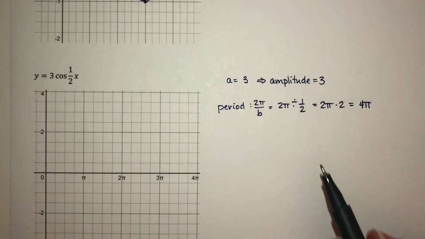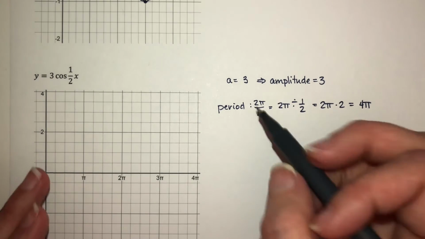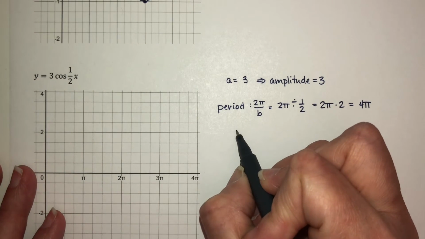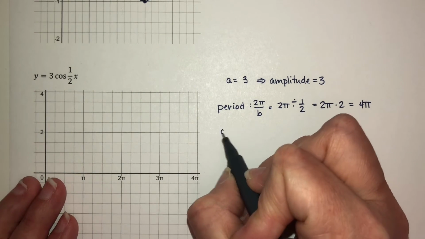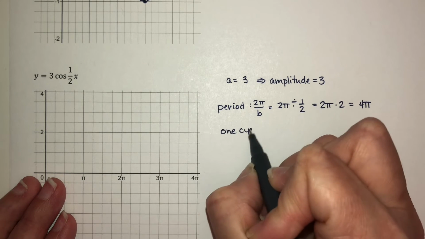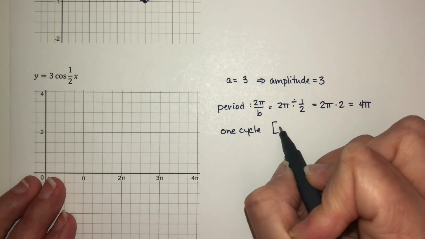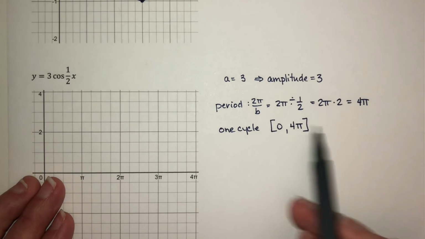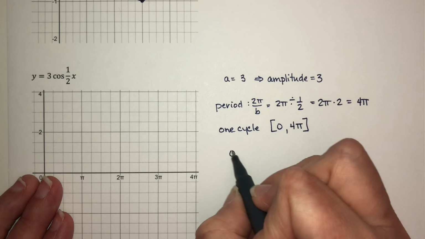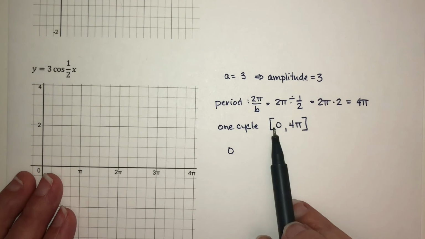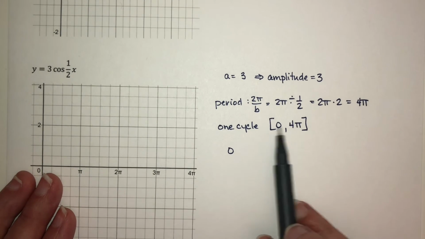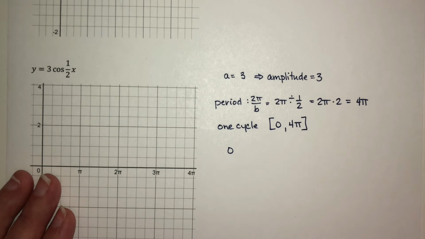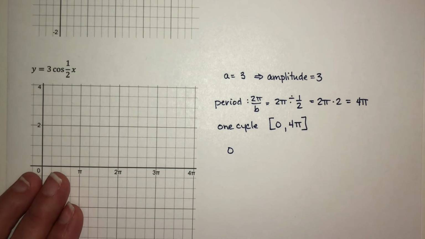Our x coordinates that we're interested in: 1 cycle is going to be from 0 to 4 pi. Our 5 major points, our first x value is 0. We would divide the length of this period by 4, so that's pi, so we're going to add pi every time.